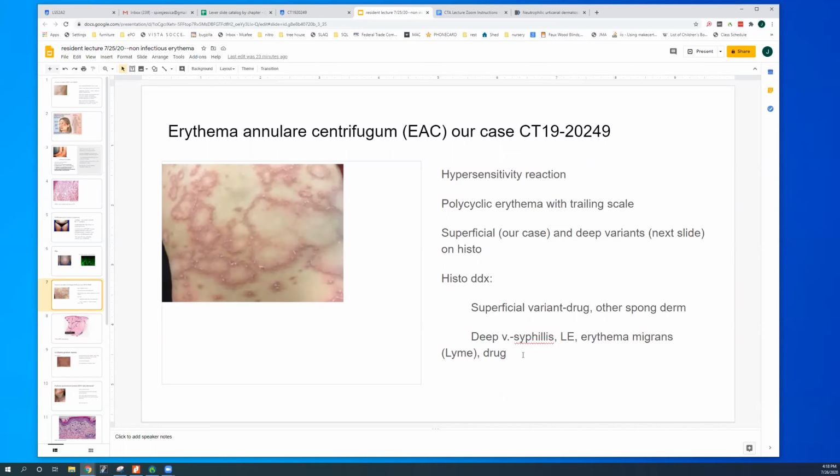The deep variant, you think about all the diagnoses that begin with L's because it's a superficial and deep lymphocytic infiltrate. But mainly you would want to think about syphilis, lupus. You might think about erythema migrans, Lyme disease, drug eruption for sure.